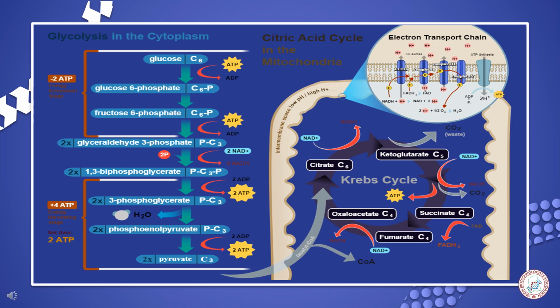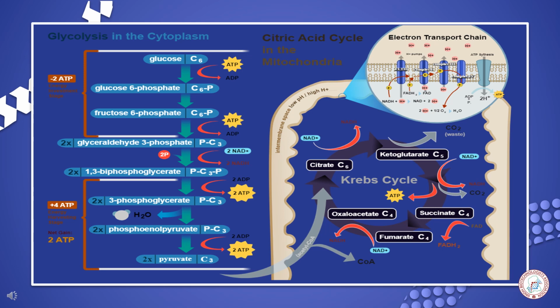And this cycle will be completed, and at the end of the cycle, one acetyl-CoA will give us 3 NADH, 1 FADH2 and 1 GTP molecule.